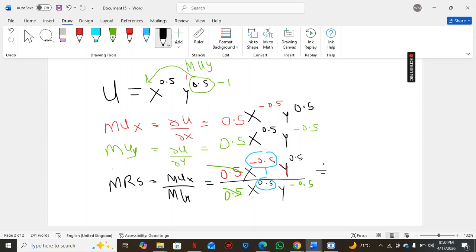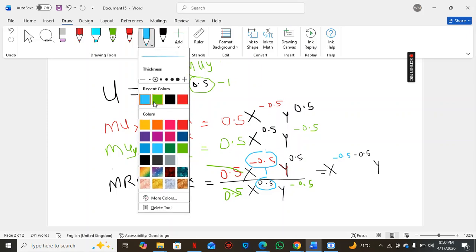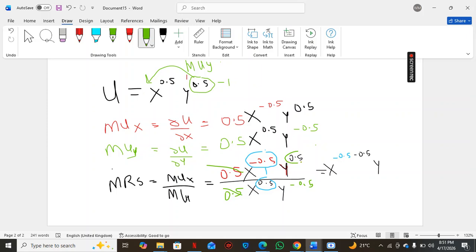So for x, you say x to the power negative 0.5 minus 0.5. Then for y, you are going to do the same thing. You're also going to subtract the exponents. You're going to say 0.5 minus negative 0.5.